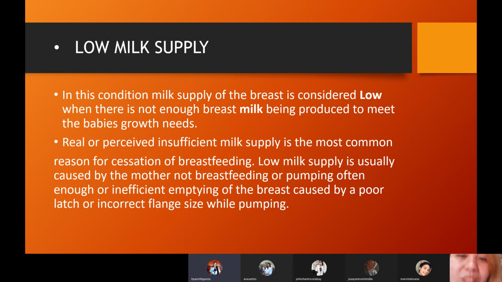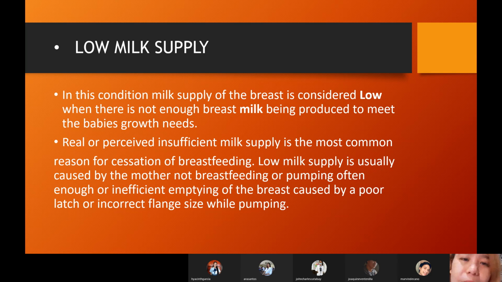Thank you, Miss Hyacinth Garcia. So the last problem is the low milk supply. From the word itself, low, the mother's milk supply is very little. It is not enough to meet the baby's growth needs.